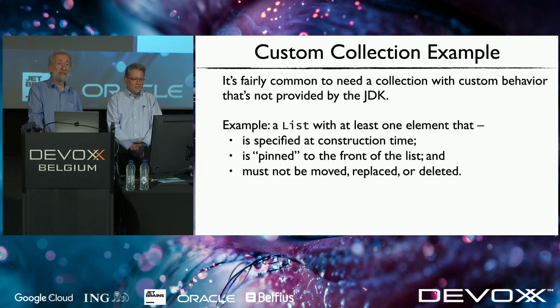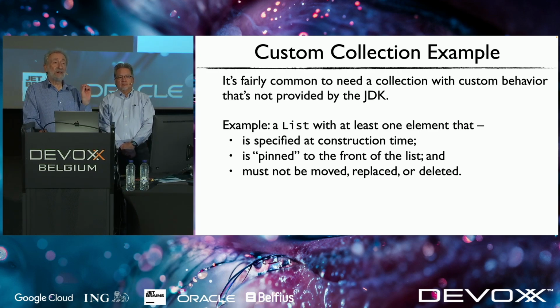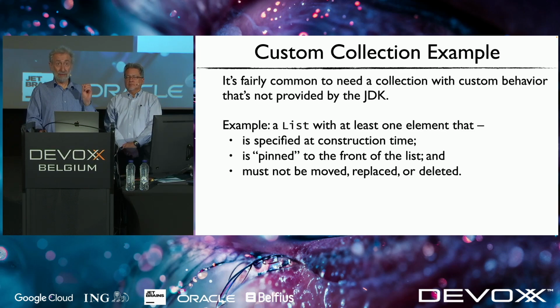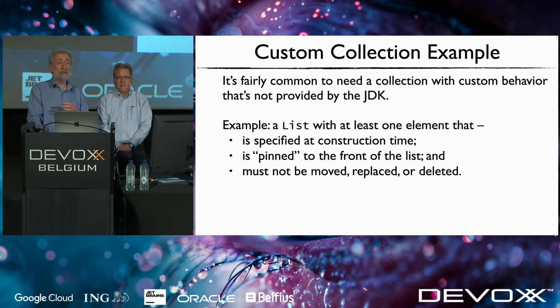So we've taken as an example, to show how you can and probably can't do this in the collections framework, the idea of a list with a single fixed element in it. At the time that it's constructed, this fixed element goes into position 0, and from then on it's pinned to the front of the list, and it's never moved, replaced, or deleted.